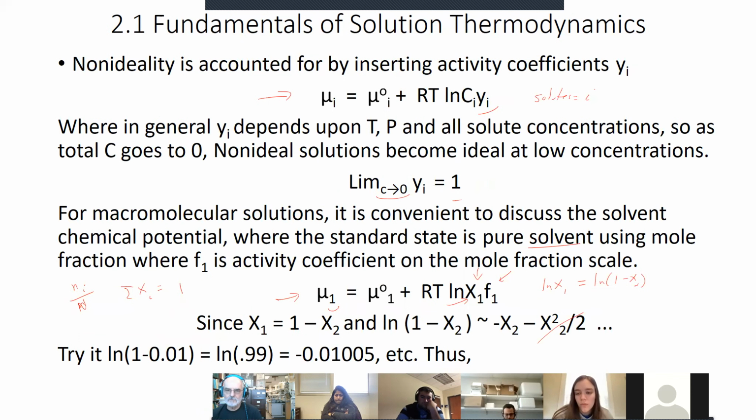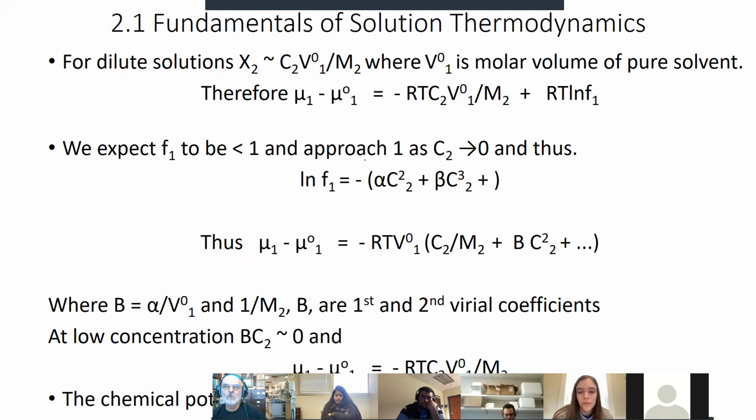Notice we're going from RTX2 to RTC2 with some correction terms, okay? These correction terms will shortly disappear, all right, as we absorb them into certain factors, and then there'll still be this non-ideality term.